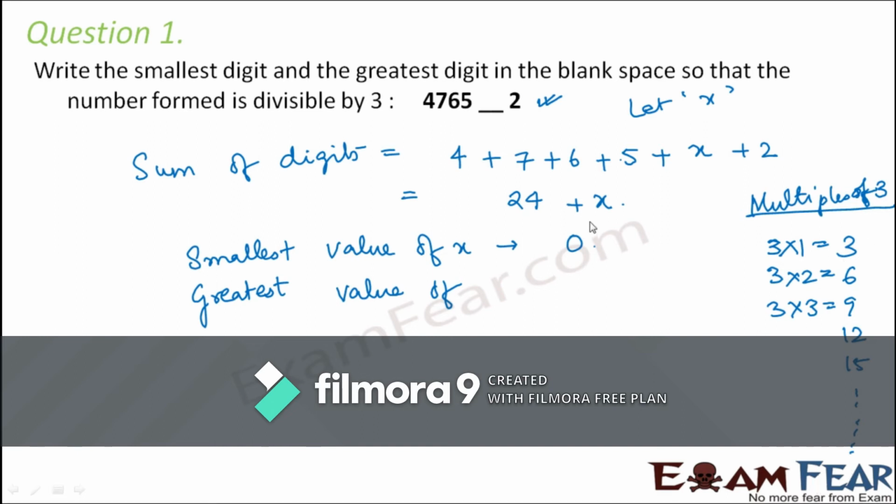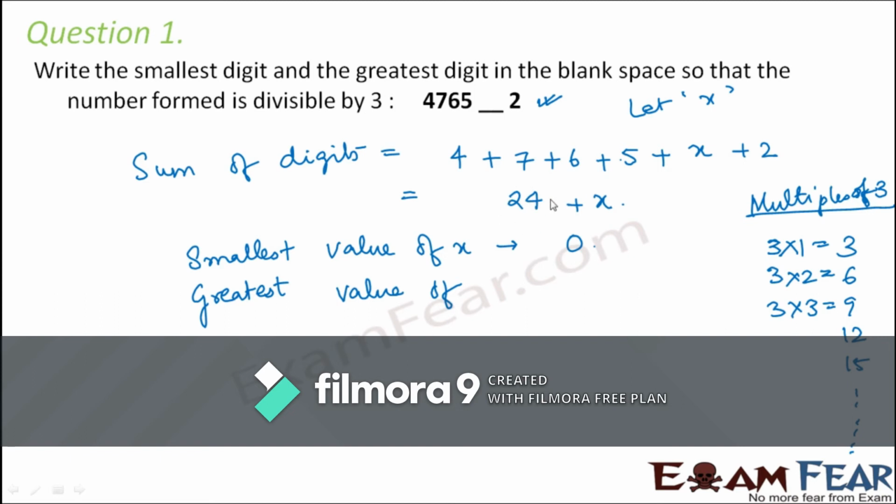So the smallest value of x could be 0 and the next value of x could be 3, because if x is 3, then this becomes 27, which is again divisible by 3. The next value of x could be 6, and the next could be 9. So x can only take these values, because only then will this sum be divisible by 3. That is quite obvious, because if you add 2 to 24, it becomes 26, and 26 is not divisible by 3.